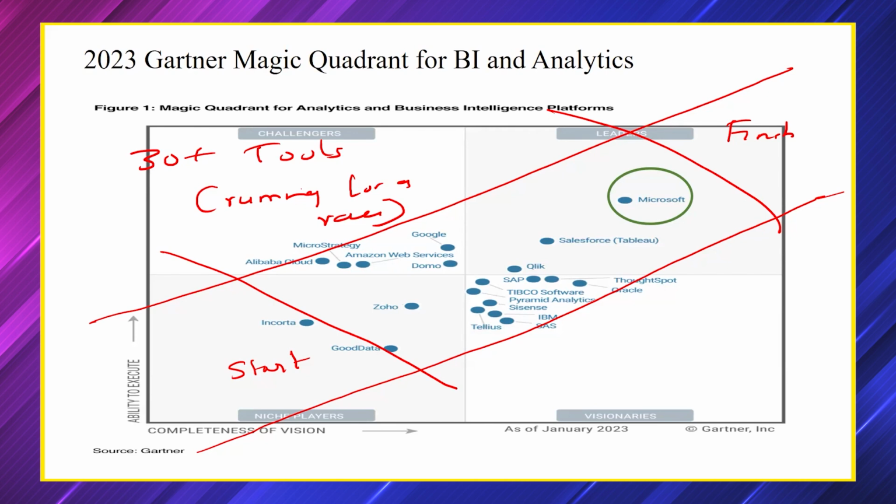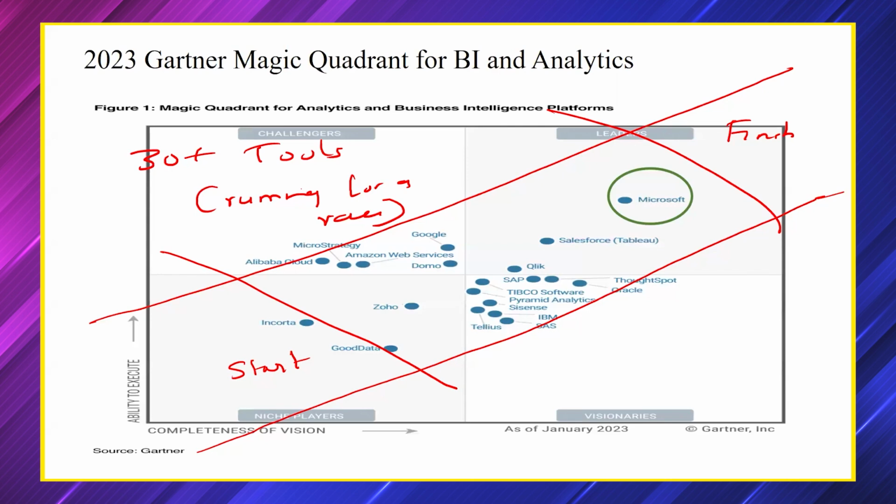What I'm getting out of this chart is, as we all said, Microsoft is leading in this chart. That's true, but what I can see is that the second in the race is Tableau.